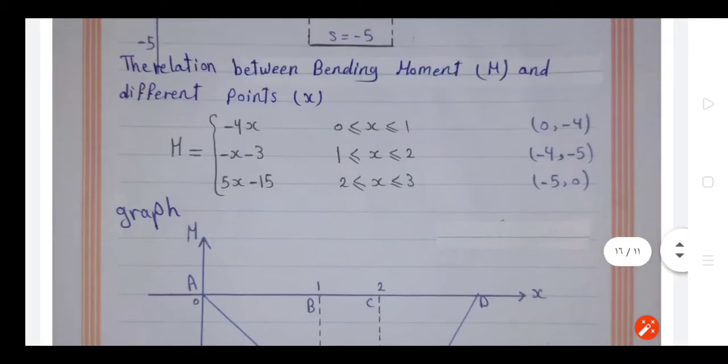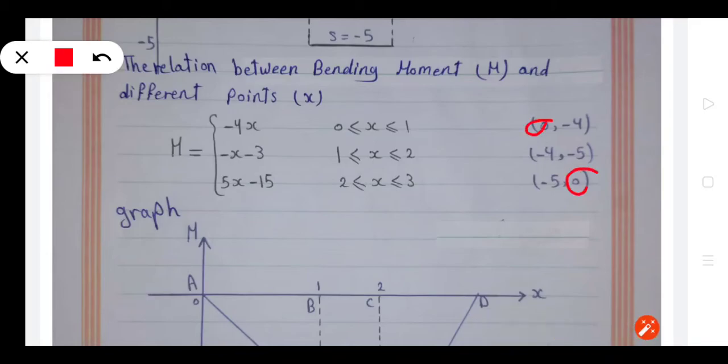We can test our result, as we should begin with 0 and finish with 0, and every ending number is the beginning number of the next: negative 4, negative 4, negative 5, negative 5.